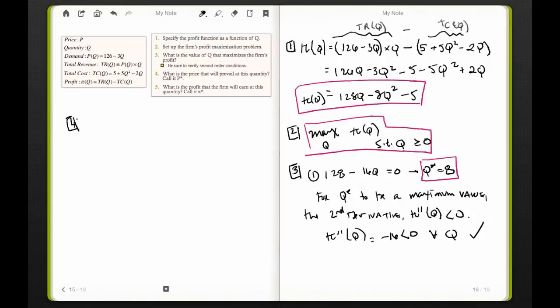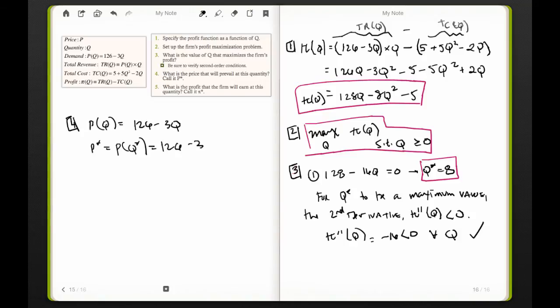And then 4 asks us, what is the price that will prevail at this quantity? So you need to use all the information you have here. You're told that price is equal to 126 minus 3Q. So we can just evaluate this. The price that will prevail in this market is just the price function, or the inverse demand function, evaluated at Q star.